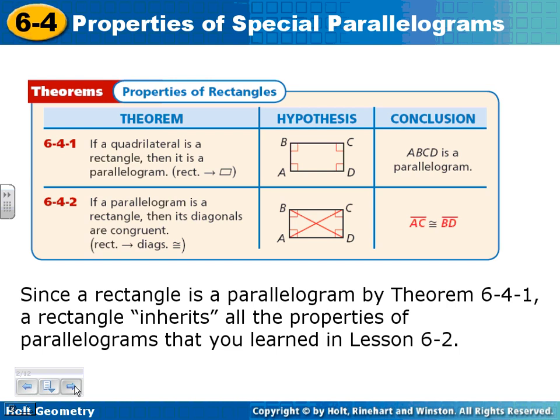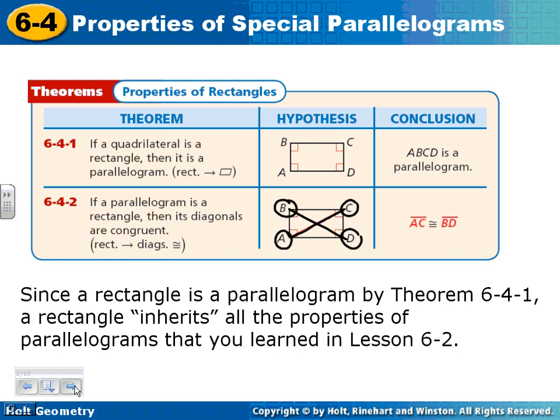The second theorem reads, if a parallelogram is a rectangle, then its diagonals are congruent, which in other words, from point B over to D, that length is the same as from A to C, that length. Those two diagonals would be congruent.